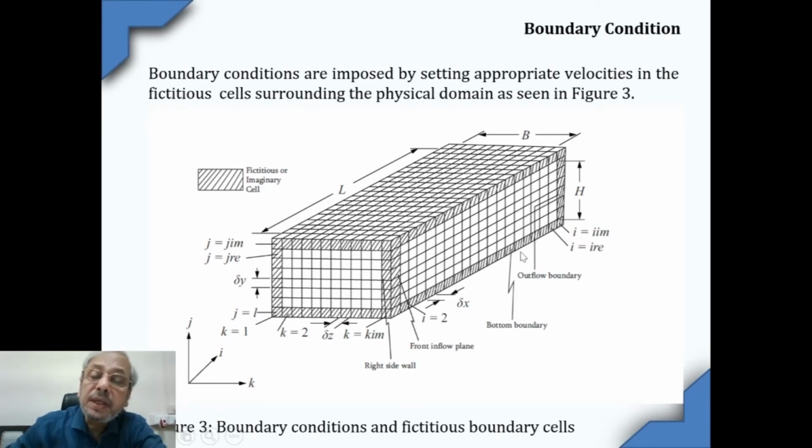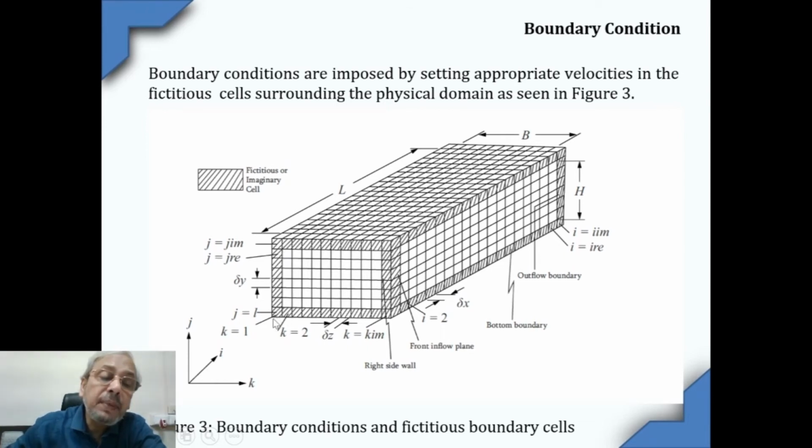Like in x direction, for example, the physical domain extends from I equal to 2 to I equal to IRE. But IIM and I equal to 1, these cells are all imaginary cells. Similarly, in J direction, J equal to 2 to JRE, this extent, these cells cover the physical domain.